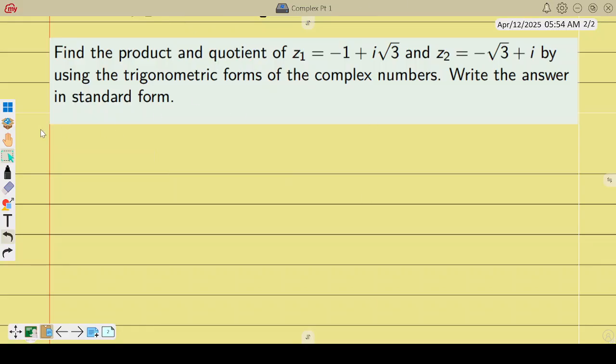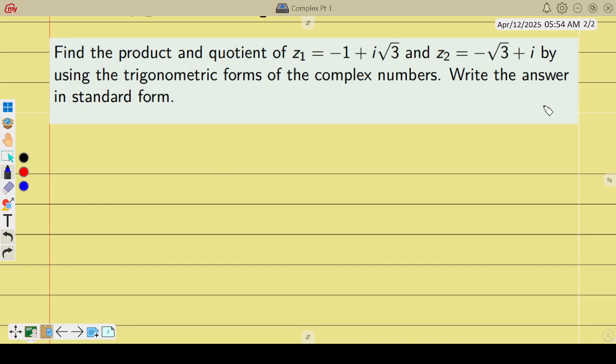Maybe an example would do better. You can be asked a tiresome question like this: find the product and quotient. Maybe they can just tell you to find the product only, or they can also tell you to find the quotient. You just remember that when you are dividing, you say theta 1 minus theta 2, and when you are multiplying, it's adding.